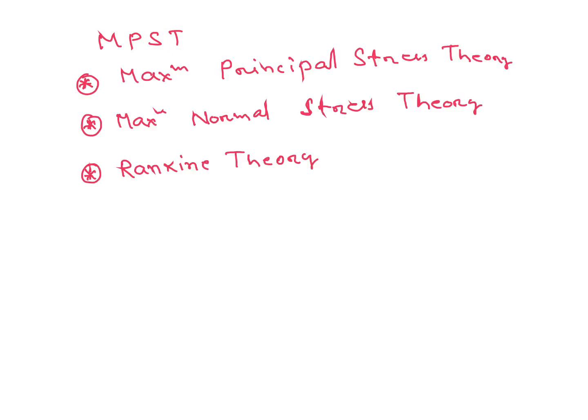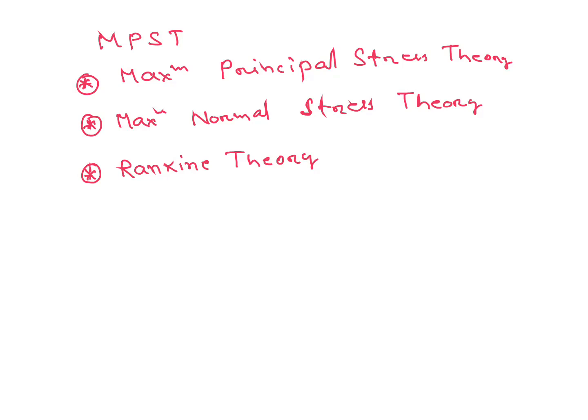Then maximum principal stress theory, MPST. Names are very important, different names. MPST or maximum principal stress theory or maximum normal stress theory are called Rankine theory. All are important, different names.